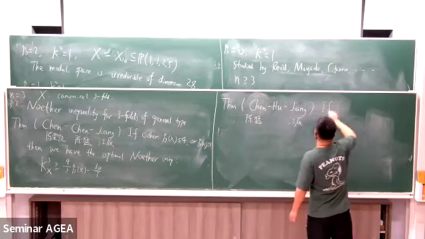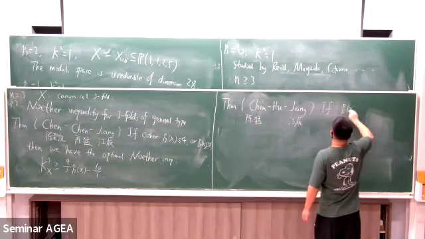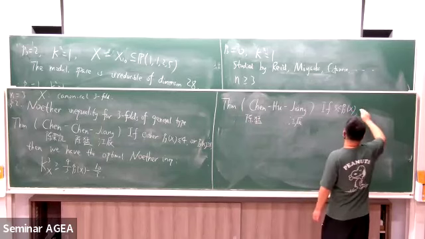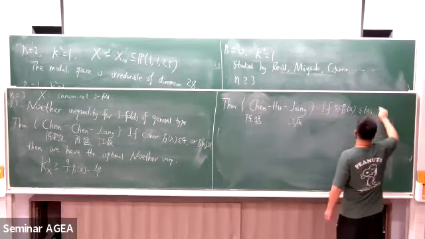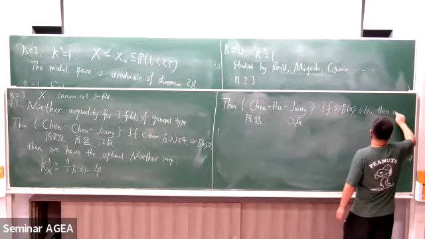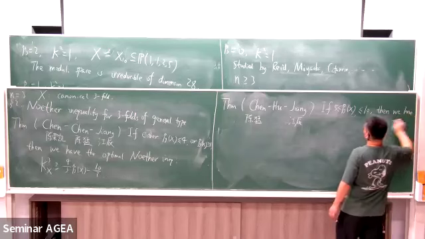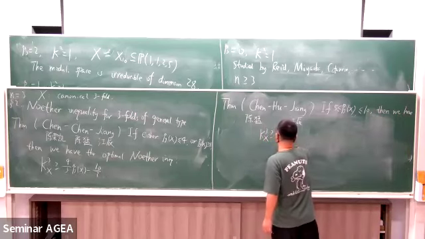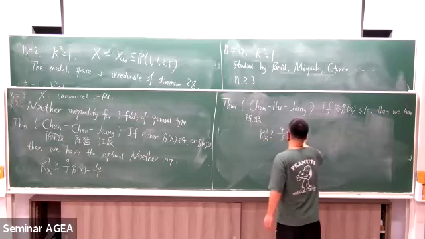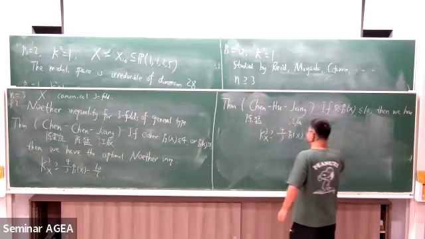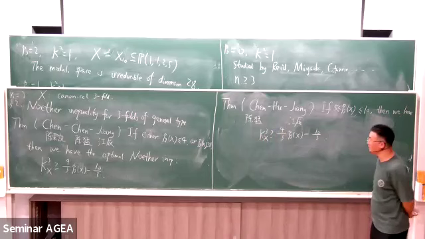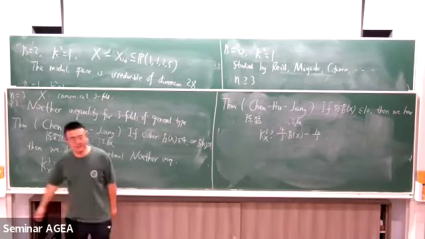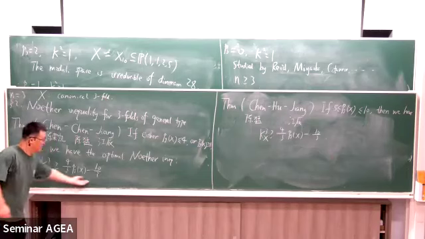So if Pg is between 5 and 10, then the canonical volume K_X cubed is larger than or equal to 4/3 Pg minus 10/3. So for any threefold of general type, this inequality holds.